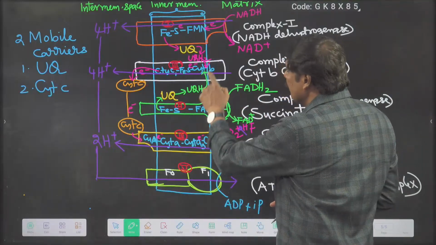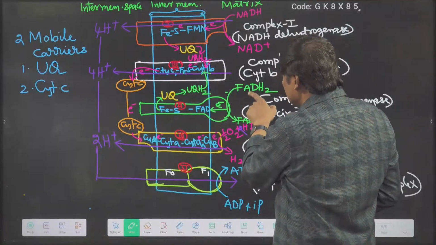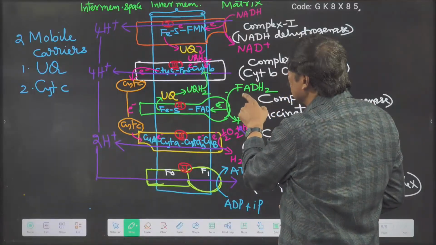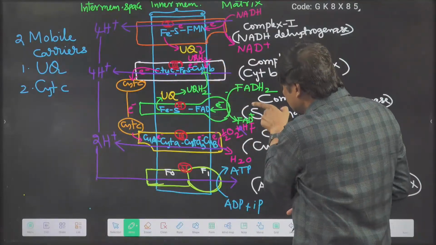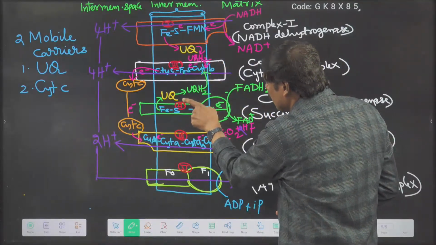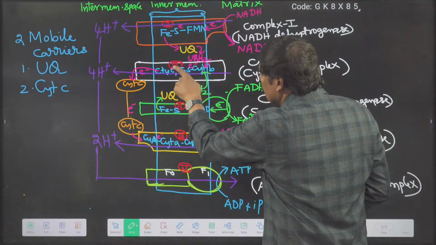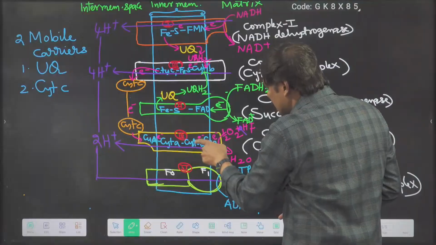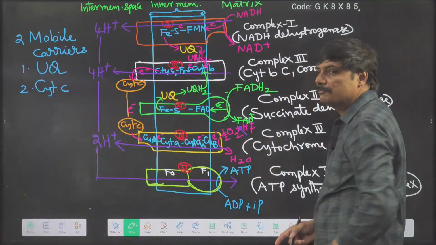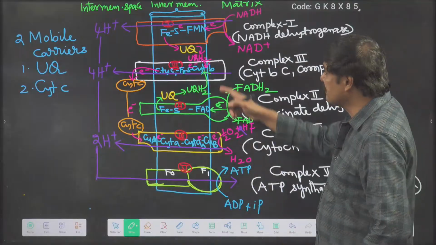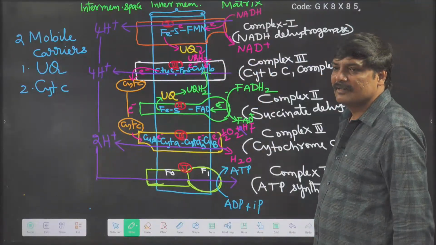That means the first complex is bypassed. In the case of FADH2, the first complex is not involved because it donates electrons to complex 2. From complex 2, electrons transfer to ubiquinone, ubiquinone to complex 3, then cytochrome c, then complex 4, and finally are accepted by oxygen, and thus water is formed. So that means it missed complex 1.